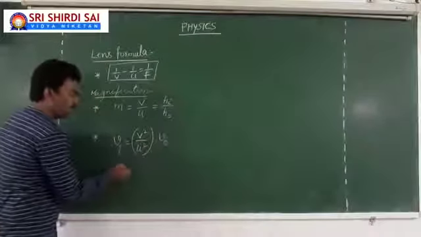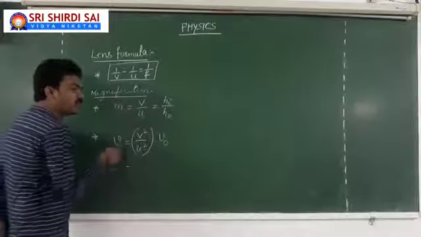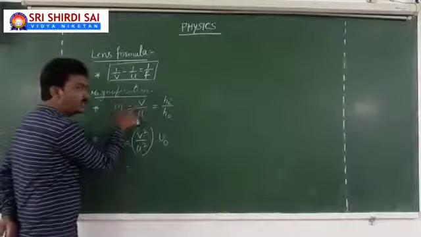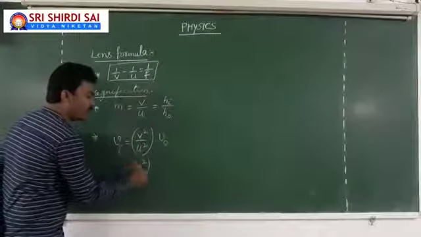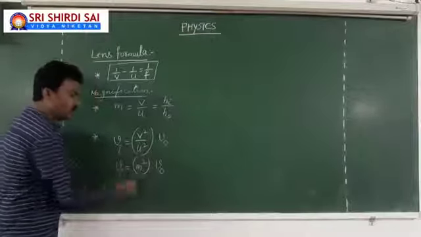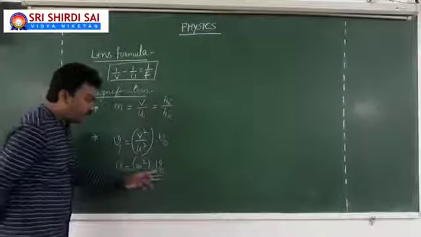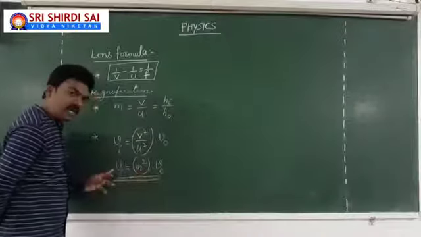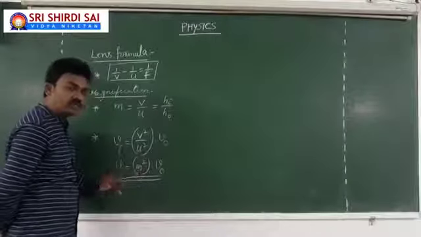If you wish, you can write v²/u² as m², because m, the transversal magnification, is v/u. Then you can write it as m² v₀. I told you in the earlier class, in this equation v₀ is the speed of the object, vᵢ is the speed of the image, and m is the transversal magnification.